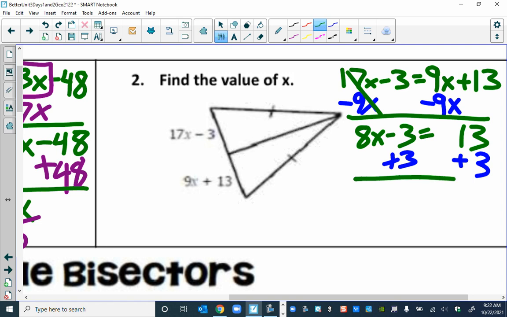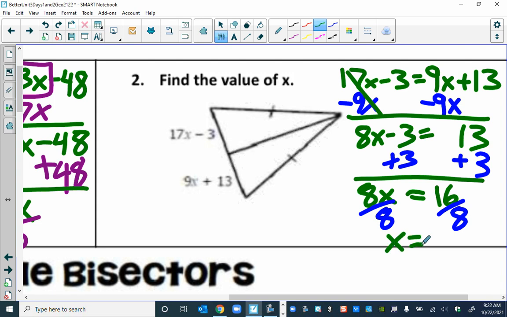X is 2, very good. Good job. Okay, questions?